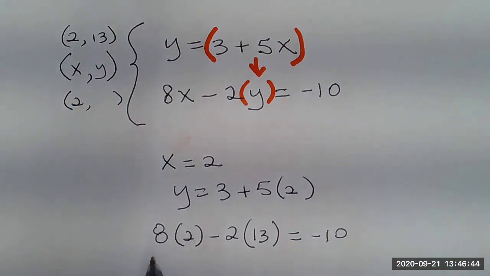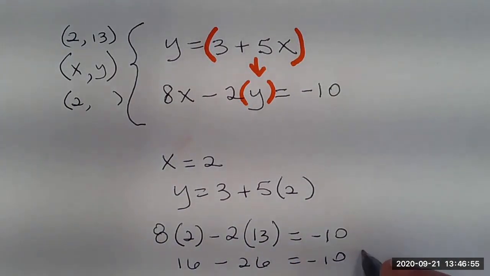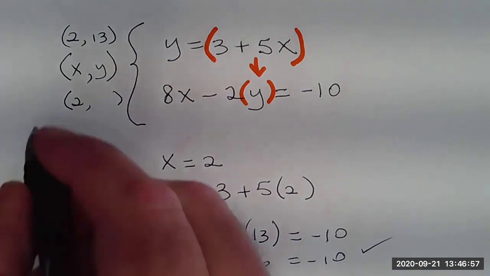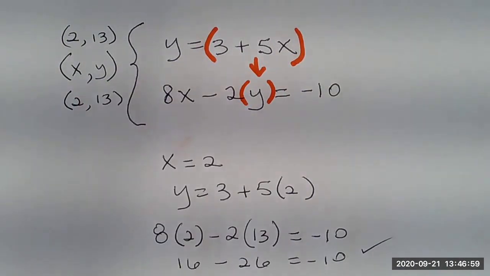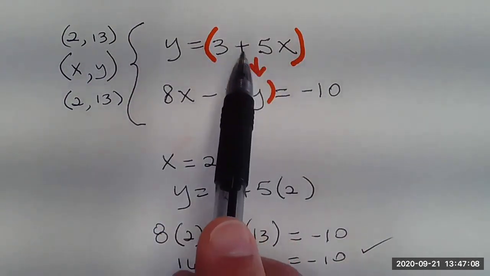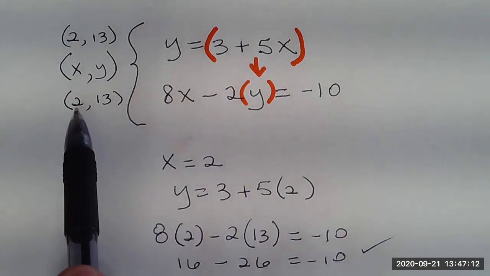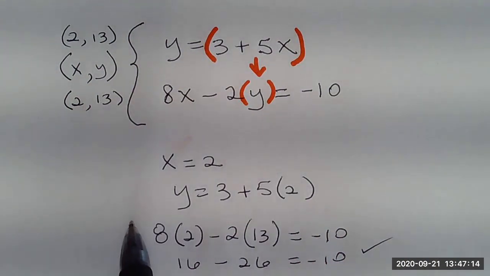Does it work such that 8 times 2 is 16, subtract 2 times 13 is 26, is that equal to negative 10? Absolutely. So my solution to the second equation is (2, 13), and my solution to the system is (2, 13). If I were to graph both these equations in intercept form and standard form, the two lines would intersect at (2, 13).